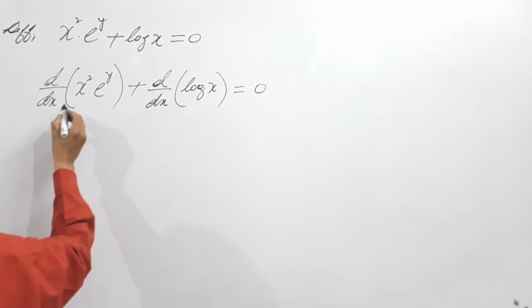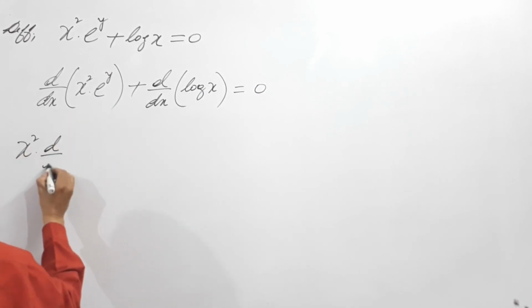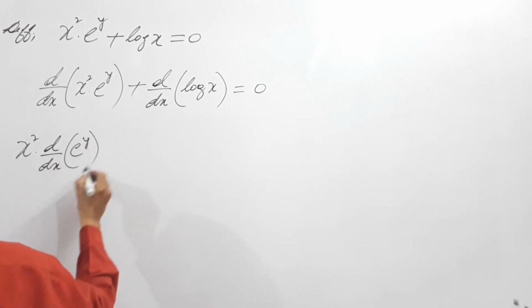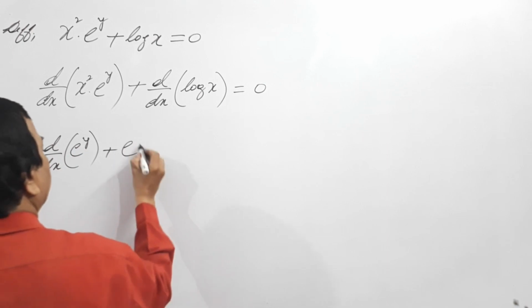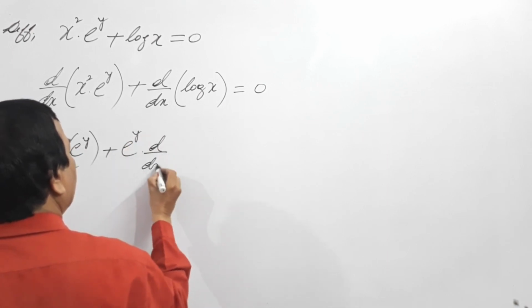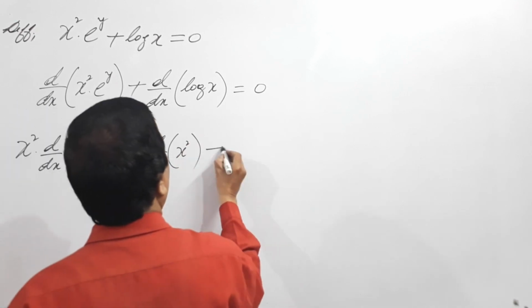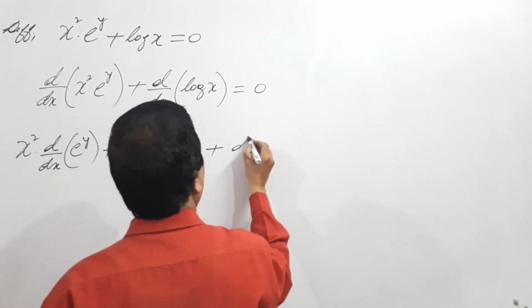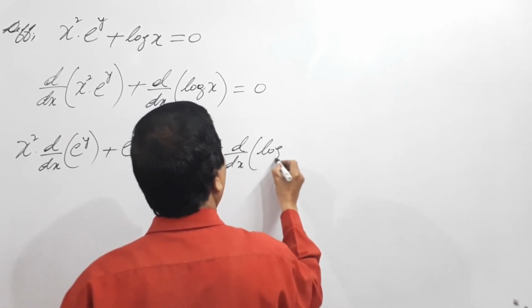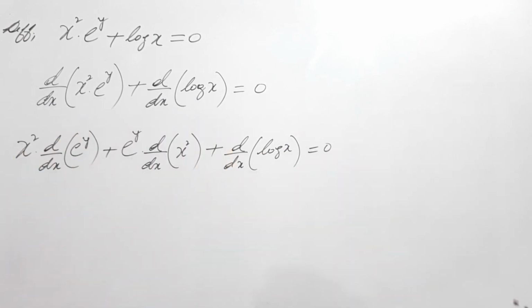So here, I will keep x square as it is and differentiate e to the power of y, plus e to the power of y as it is and d by dx of x square, plus d by dx of log x equals 0.